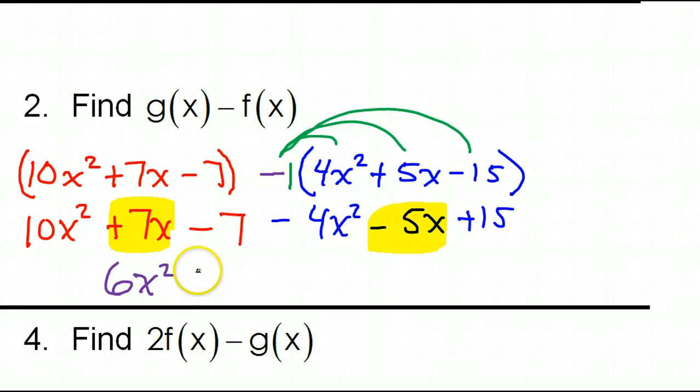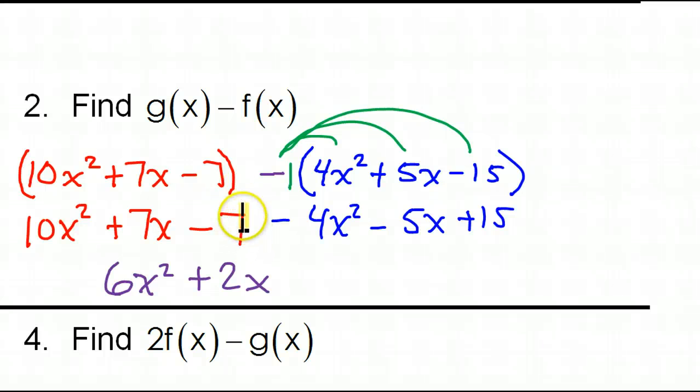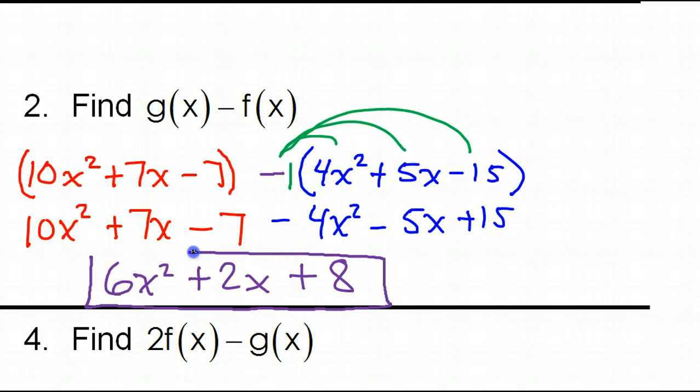Together, that's going to be positive 2x. And last but not least, combining a negative 7 with a positive 15, that's going to be positive 8. So that will be our final answer for number 2.